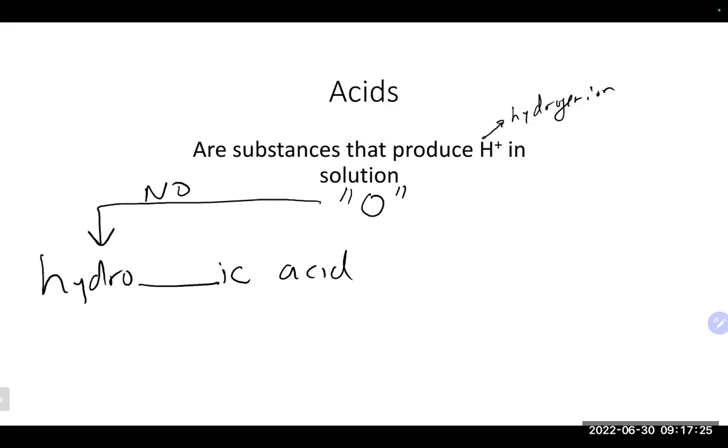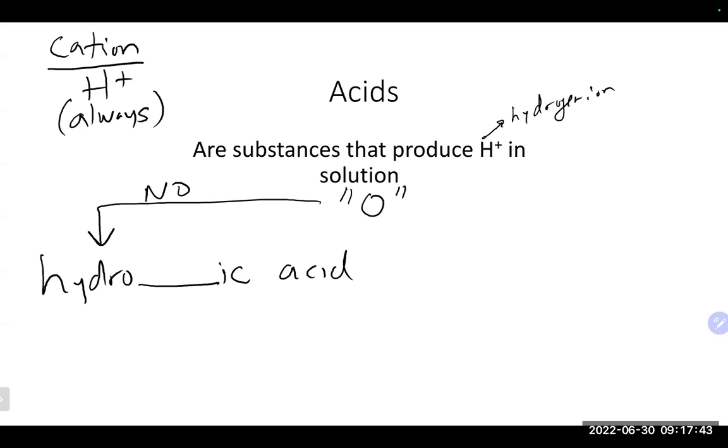Now, what makes something an acid is the ability to produce H+, and that also means that for every single acid, the cation is always H+. So H+ is always the cation in an acid.